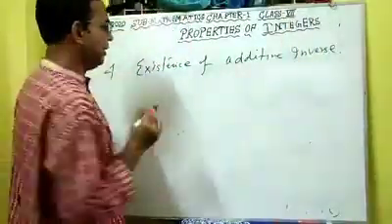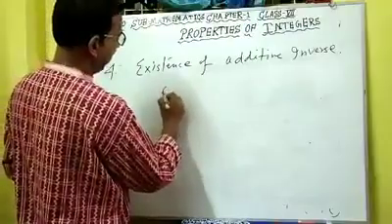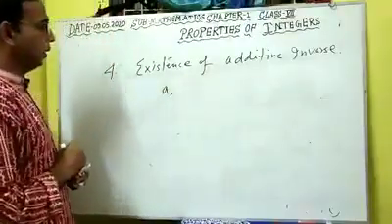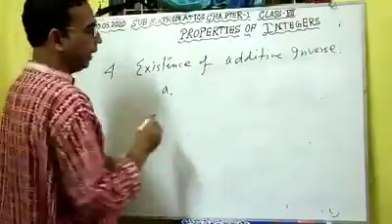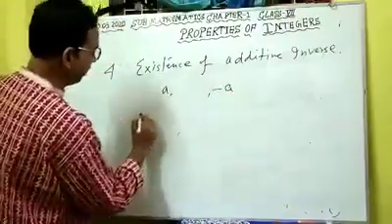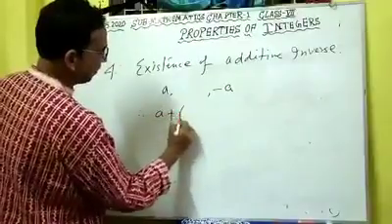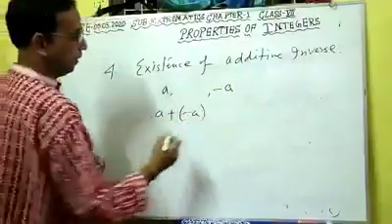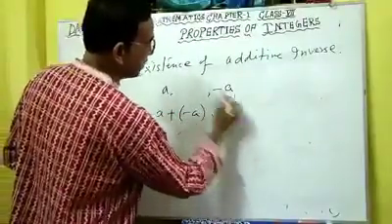For any integer a and its negative minus a, a plus minus a is equal to 0.